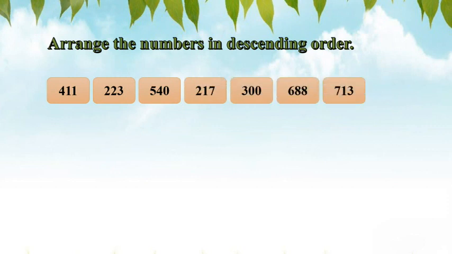Okay, so using these numbers you have to arrange these numbers in descending order. I will give you 5 seconds again, and you have to think and tell me the answer.